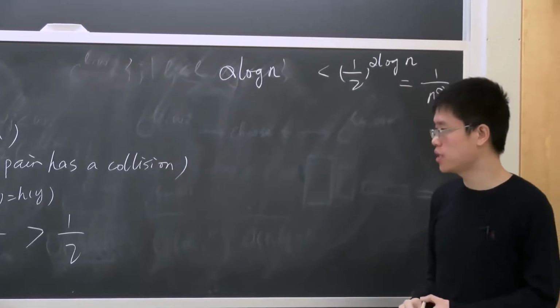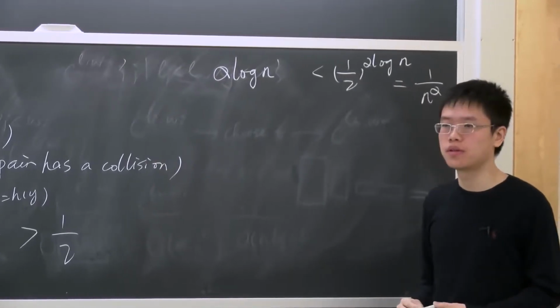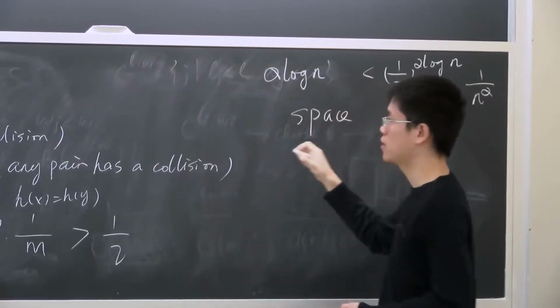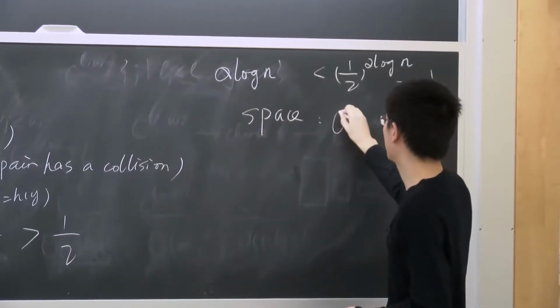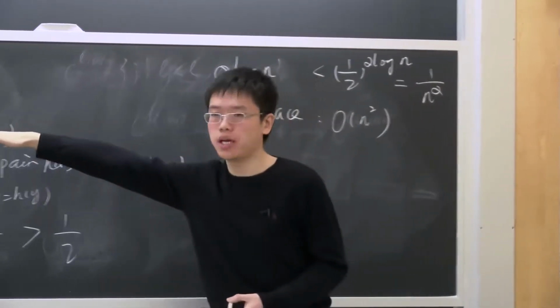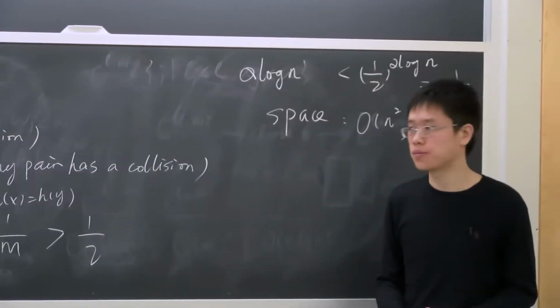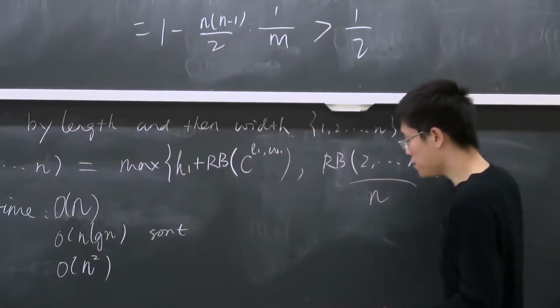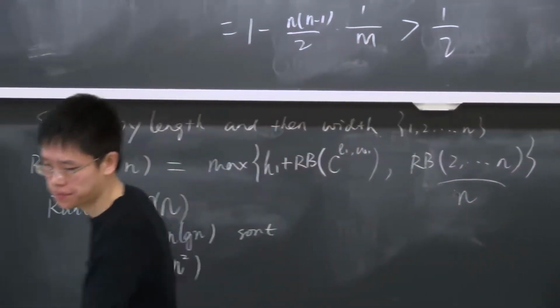OK, this sounds like a perfect solution. The only problem is that the space complexity of this method is n squared, because I choose my hash table size m to be n squared. So this is the only thing we don't want in this simple method.